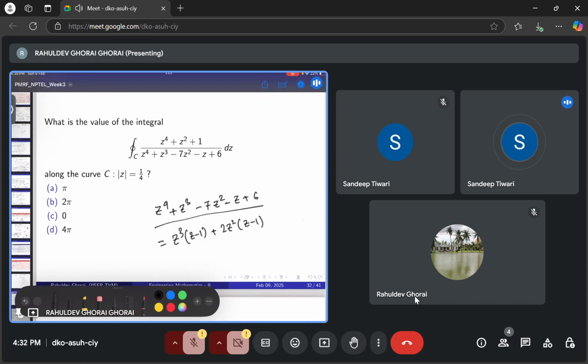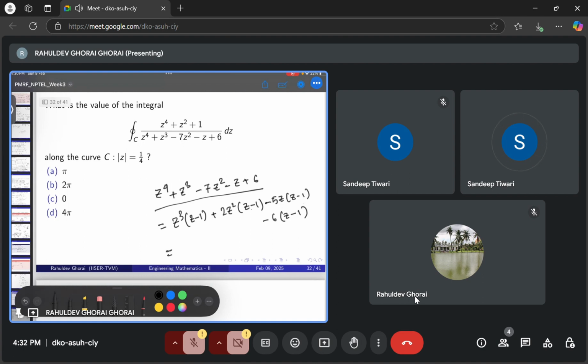Minus 2 z square is there, minus 5 z, z minus 1, right? So when you have plus 5 z, you have to make it minus 6 times z minus 1. This one you can write like this, because 1 is a root of this equation.